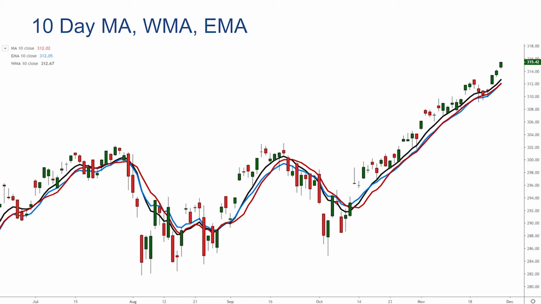Notice that when the stock market rolls over or it breaks out, notice how the blue and black lines more rapidly turn and follow the trend much quicker than the red line, which takes its time to turn. The whole goal of someone that uses an exponential or a weighted moving average is that they just want that responsiveness in it. More often than not, I think it's splitting hairs.